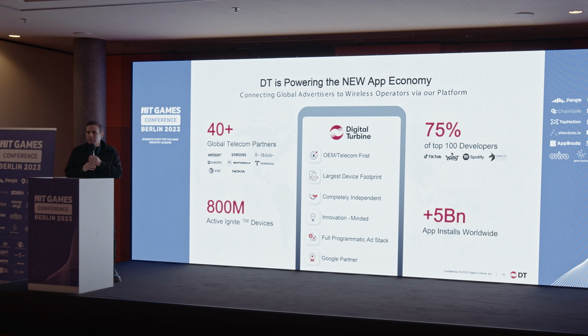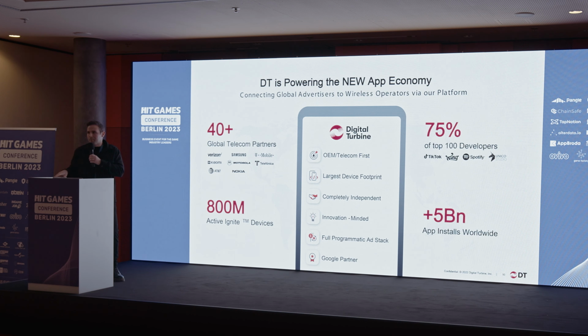Having a software relationship with carriers, telcos and OEMs is unique because when you have that software embedded inside the Android firmware, there are no other firmwares like our Ignite software, so there's no competition inside that device, which means that when we're in the device, we own the life cycle of the whole device. Even if this device is sold in the second-hand market, until the device is broken or destroyed or burned or something, we own the device through its life cycle.